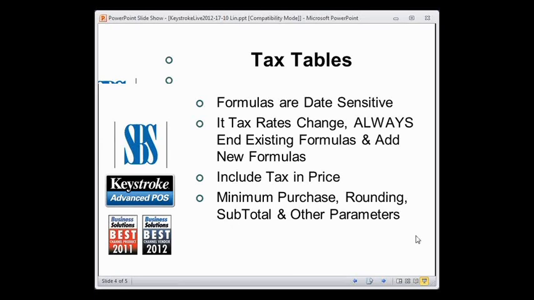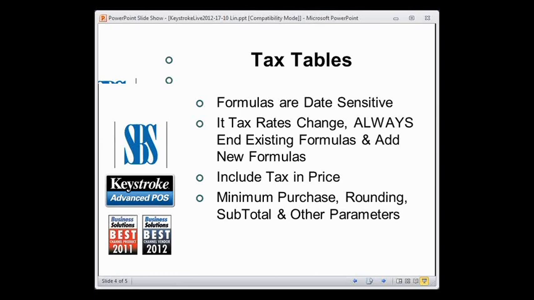You can also set up minimum purchases so that maybe you pay a different tax rate if it's a high price item, or you might have a tax holiday, for example. A lot of states do that before school starts or around the holidays, where if you purchase less than a certain amount, you don't pay any sales tax, but if you purchase more, you might pay a sales tax.